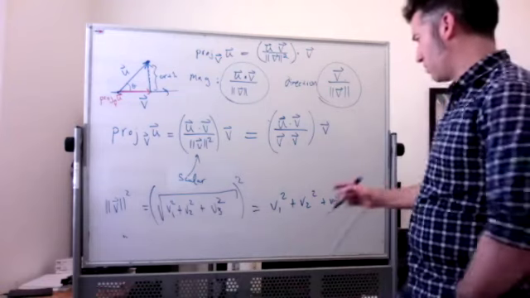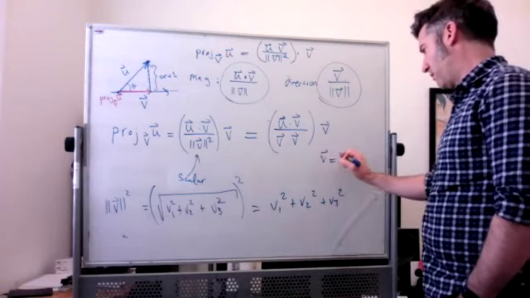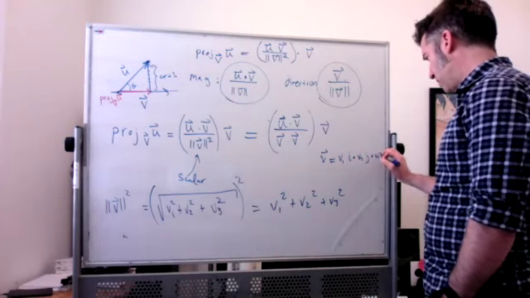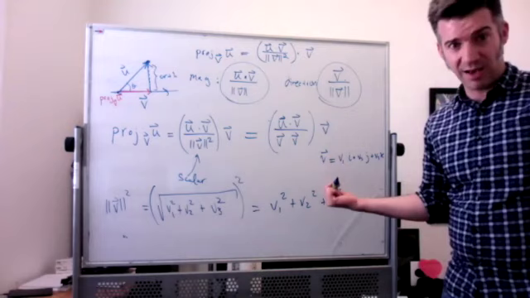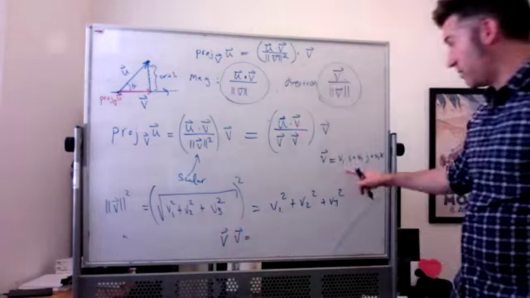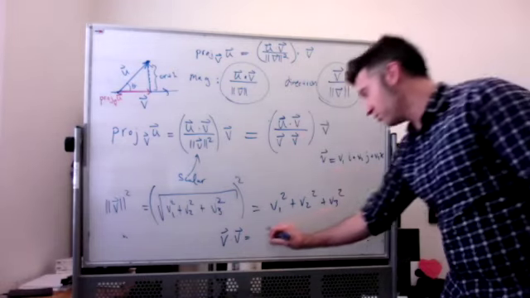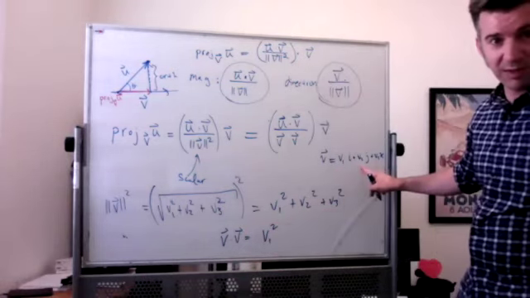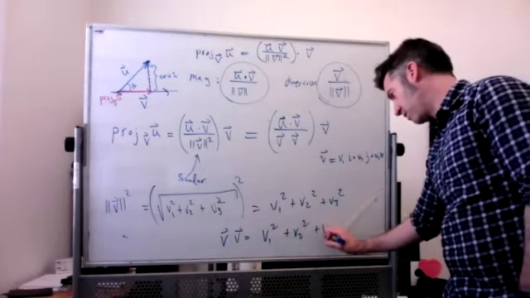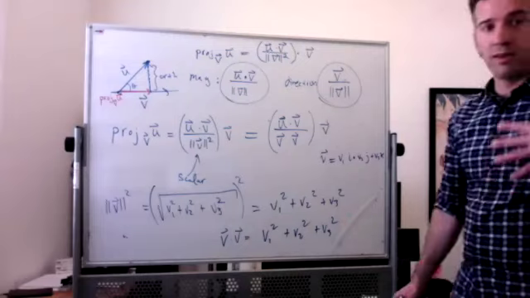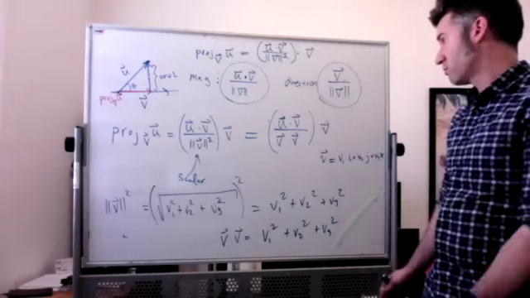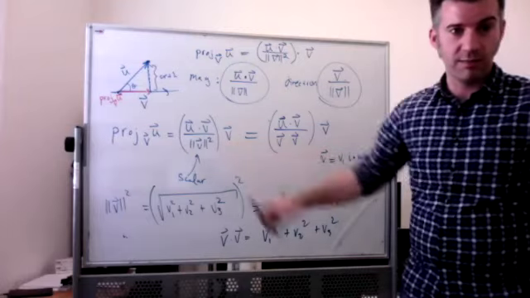But if v is equal to v1i plus v2j plus v3k, if you dot something with itself, it's the i components multiplied together, v1 times v1, plus the j components multiplied together, v2 times v2, plus the k components multiplied together, v3 times v3. So the magnitude squared is the same as the vector dotted with itself. So people write it like this, people write it like this.